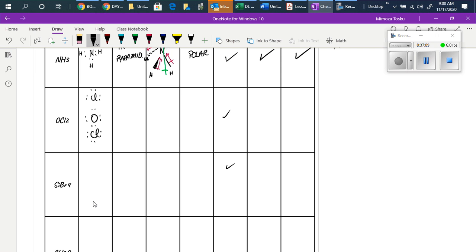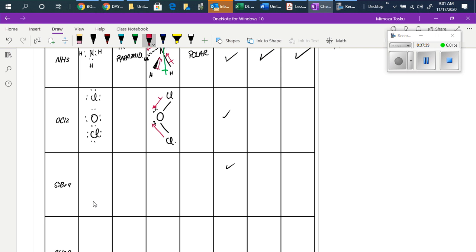What is happening here? If we take a look at the shape, what we will have is oxygen and chlorine and chlorine. Then we will have 2 electrons that are here, and the difference between the two, or the dipole moment, will be this one here.